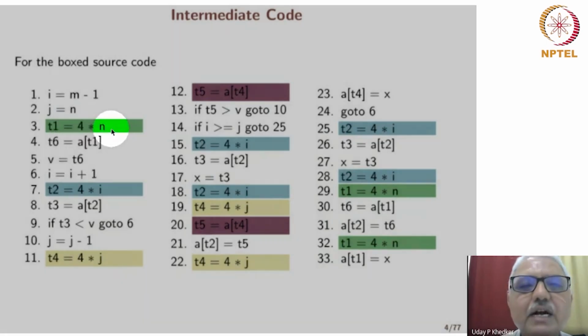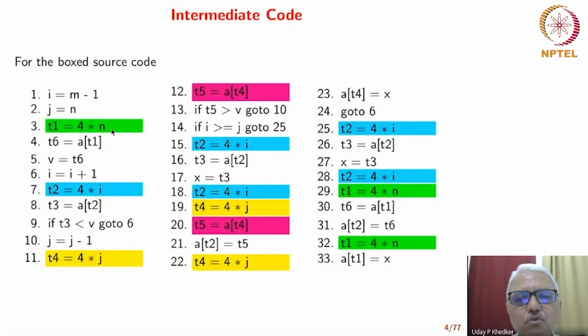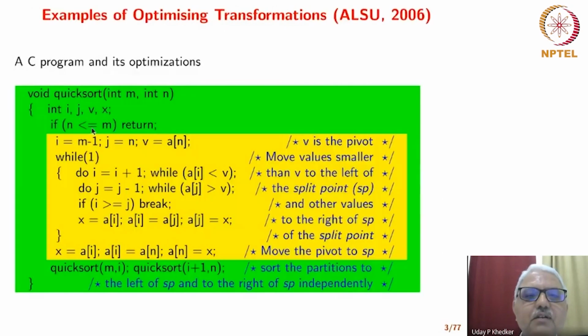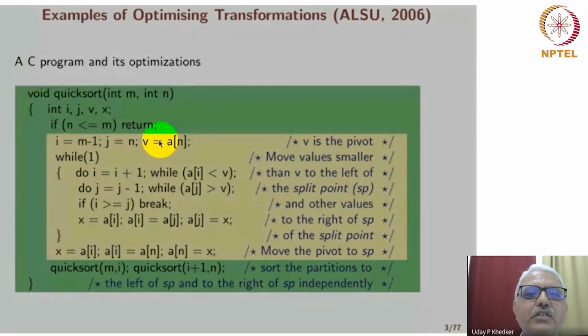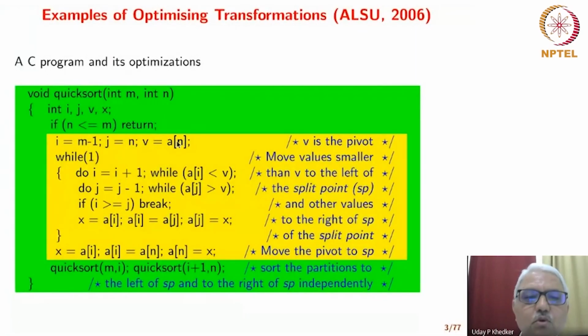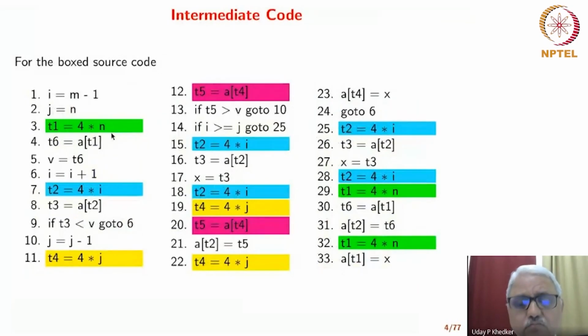So the idea behind 3-address code is to divide larger expressions into smaller computations, so that there is at most one operator in any statement. This statement requires multiplication by the width and then dereferencing the array, and therefore it is broken up into 2 different statements. So this is how this overall program looks.